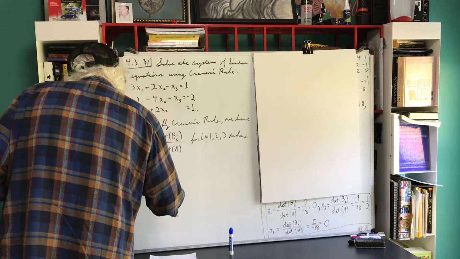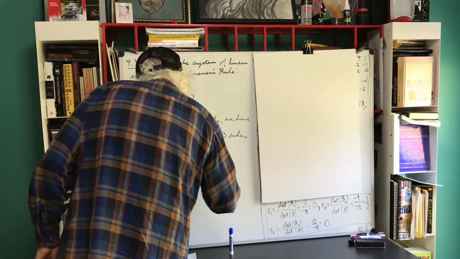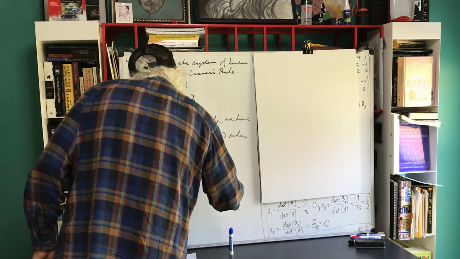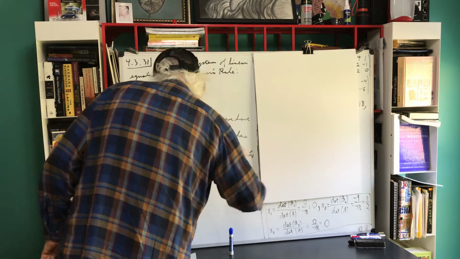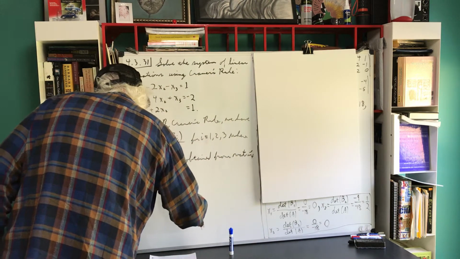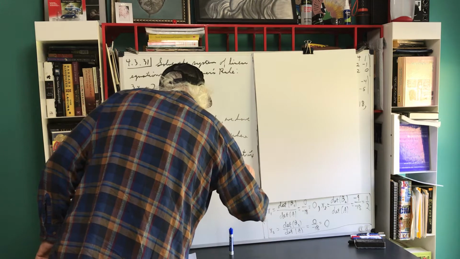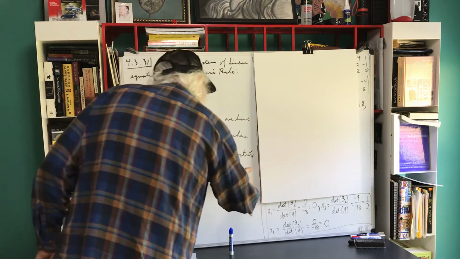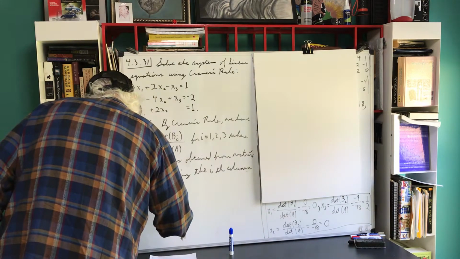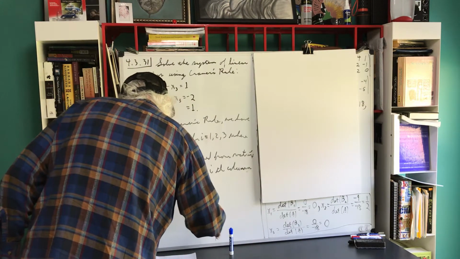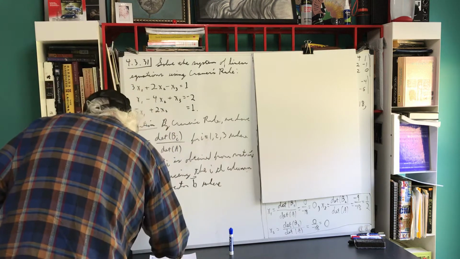Matrix B sub i is obtained from matrix A by replacing the ith column of A by vector B. Here we've got matrix A as a coefficient matrix.